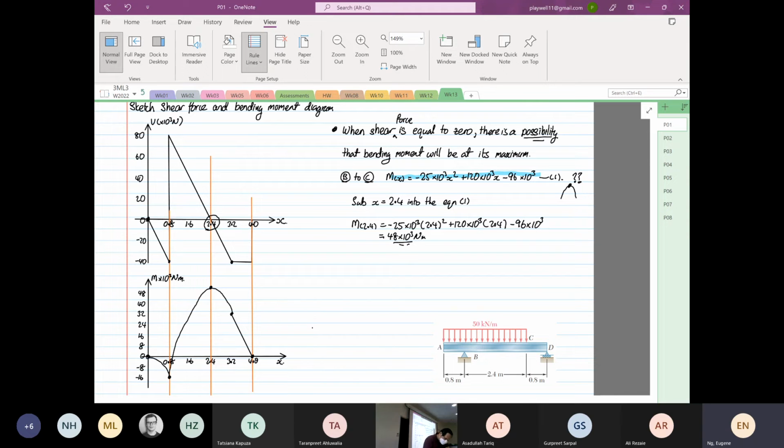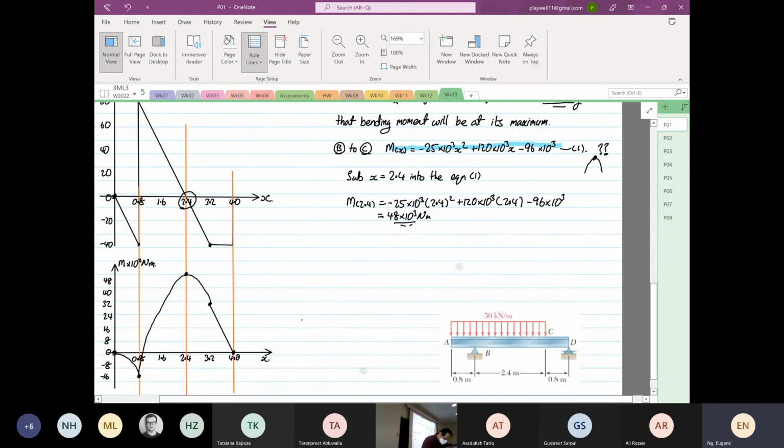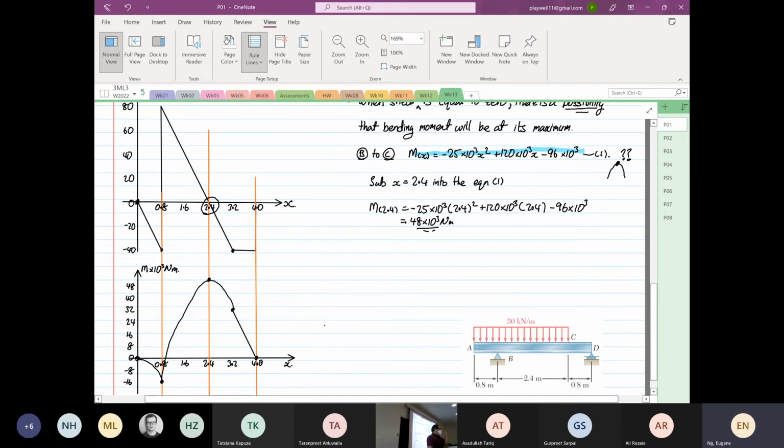The next trend is this. Okay, I want you to observe this trend. These trends are important because they will help you see whether your sketch is correct or wrong. Okay.